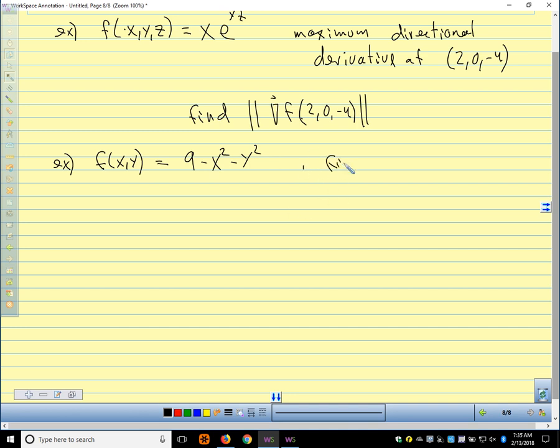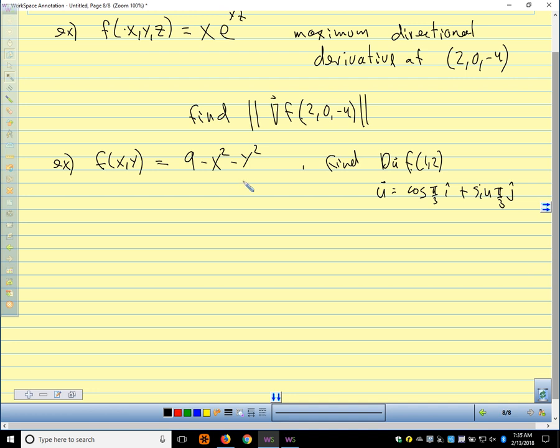We want to find the directional derivative D_u of f at 1, 2, where u is cosine pi over 3 i hat plus sine pi over 3 j hat. Is it a unit vector? Sine squared plus cosine squared is 1.